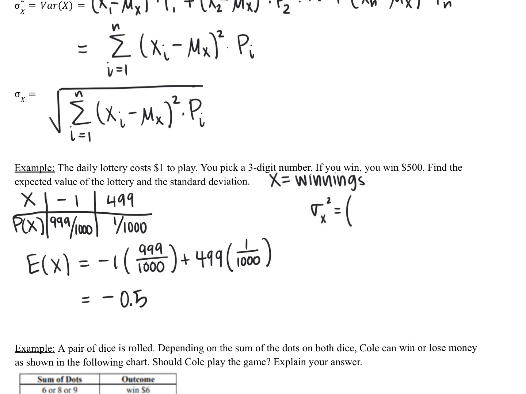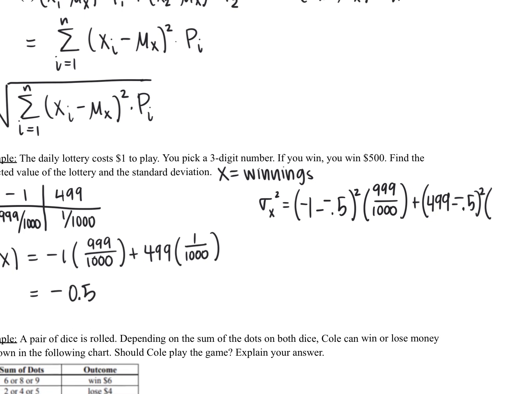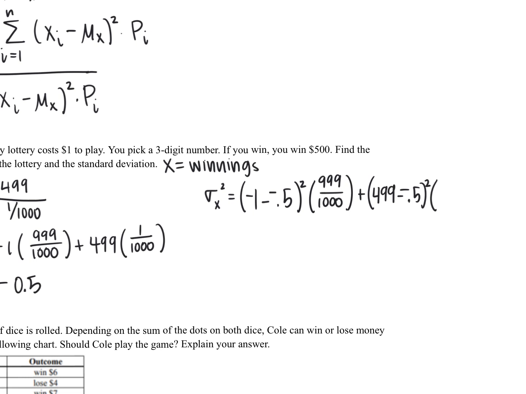So first we're going to calculate for the next thing our variance. So my variance is take my outcome x, -1, subtract your mean, which in this case is negative, so I have to do -1 minus -0.5 squared, times the probability, 999 over 1,000, and then plus my second outcome, 499 minus -0.5 squared times its probability, one over 1,000.